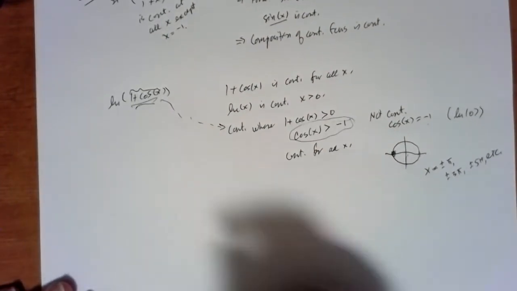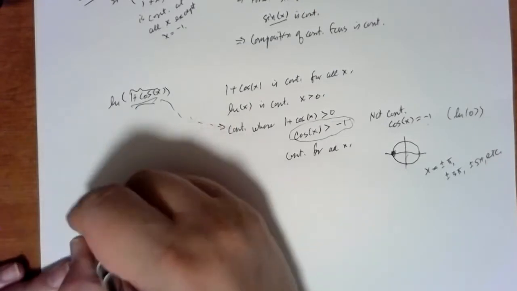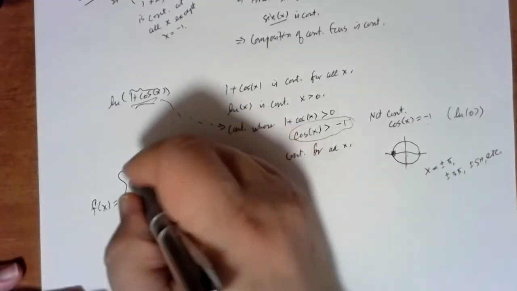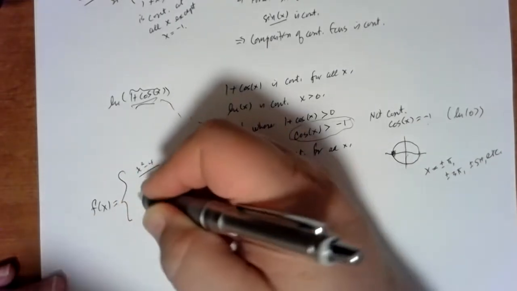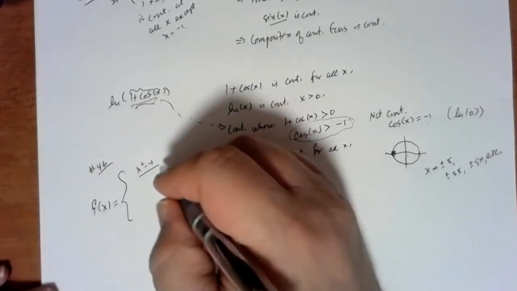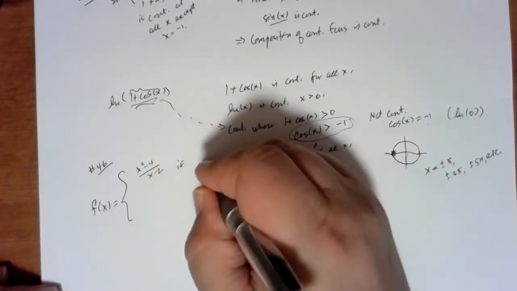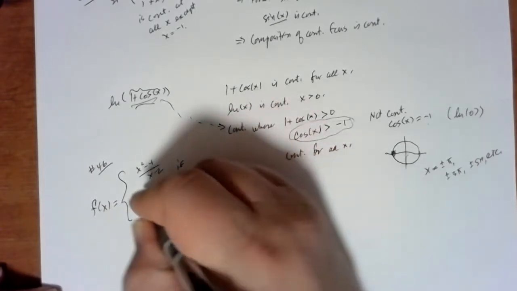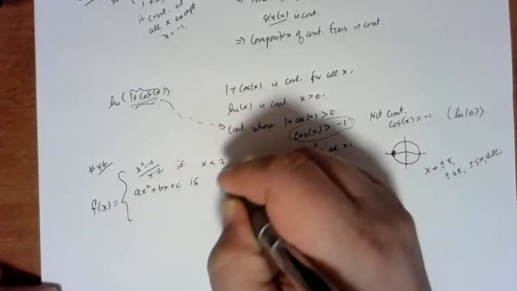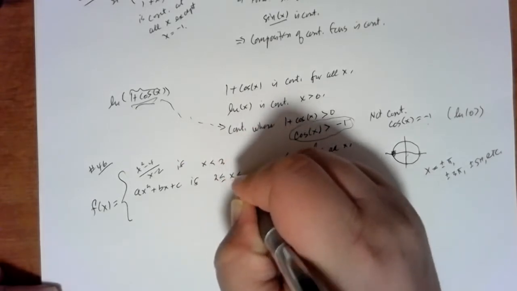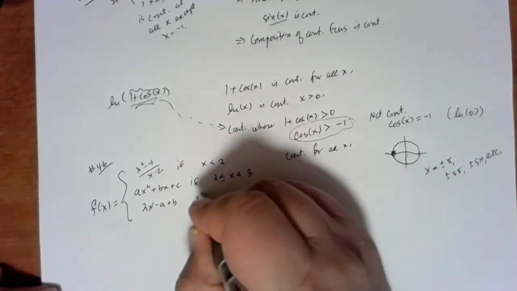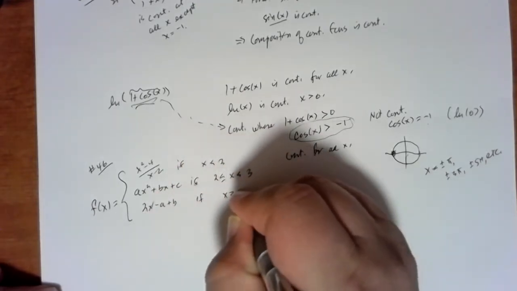So how about this one? f of x equals x squared minus 4 divided by x minus 2 if x is less than 2; ax squared plus bx plus c if x is between 2 and 3; and 2x minus a plus b if x is greater than or equal to 3.